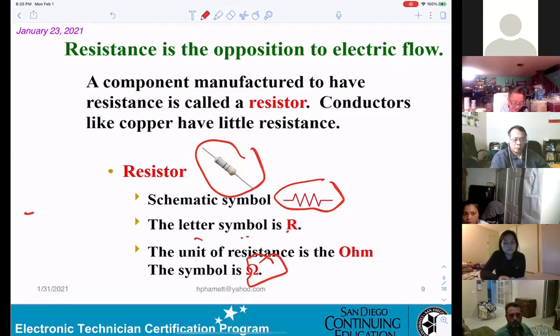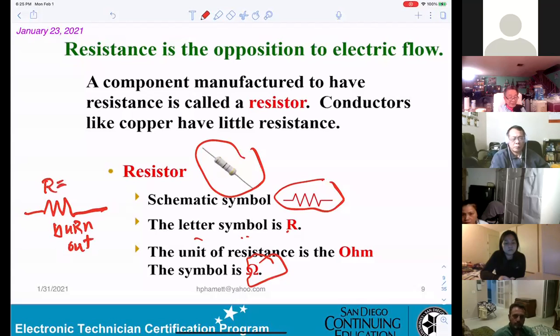Now, if I have a resistor that is burned out, what resistance are you supposed to get?